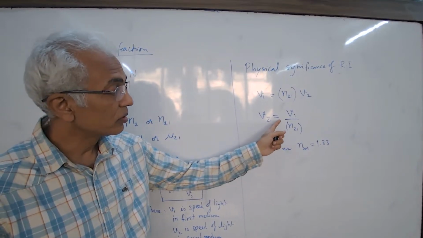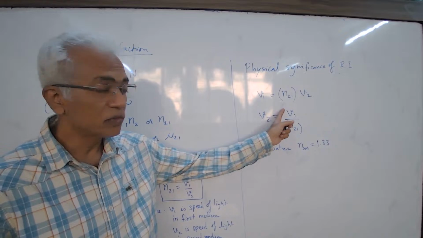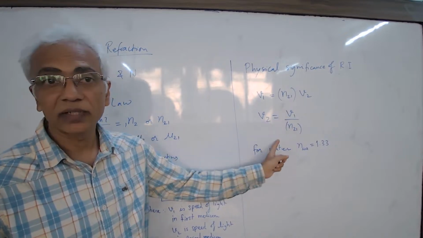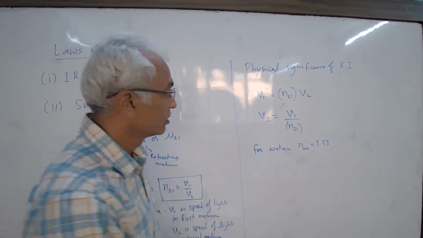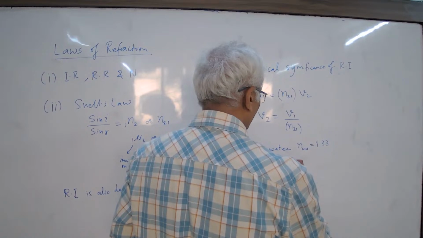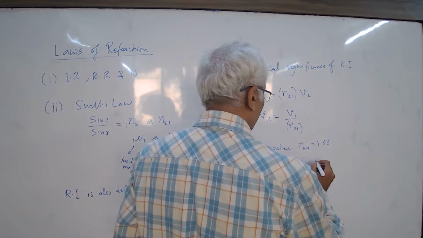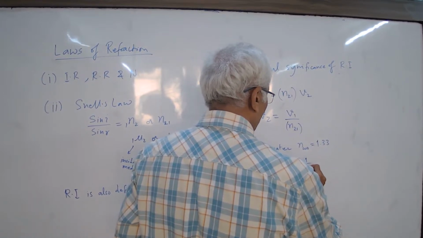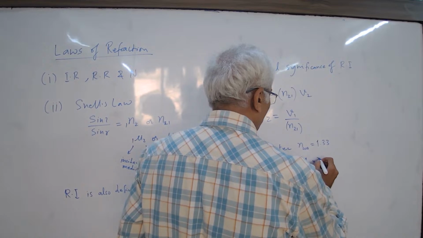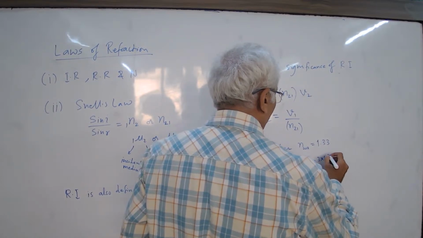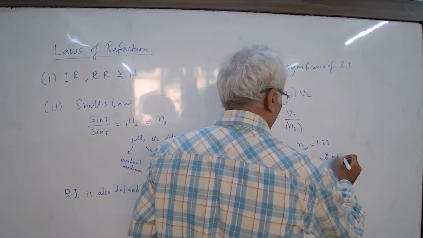It is 1 by 1.33 times the speed of light in air. So this is the factor. Here, what is the speed of light in water? Speed of light in water is 1 divided by 1.33 into 3 into 10 raised to 8 meter per second.